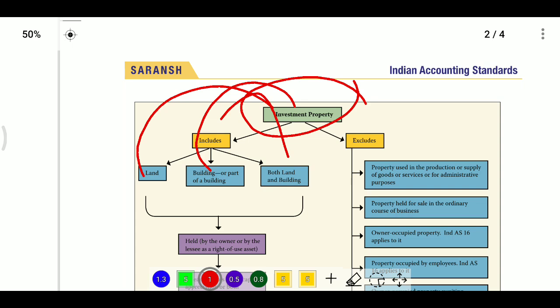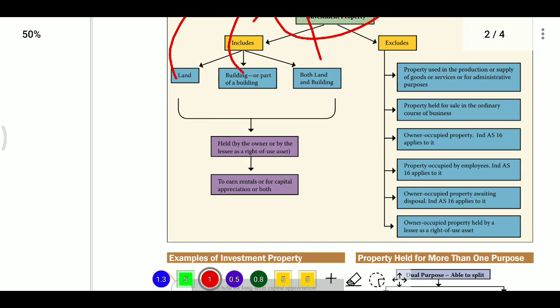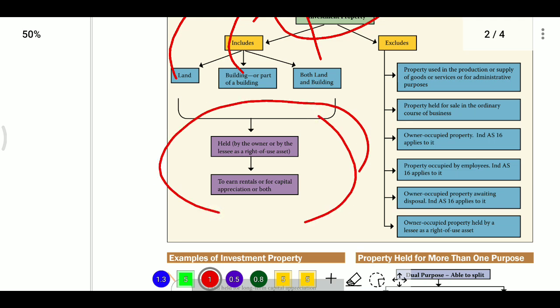We hold these buildings or this land for the purpose of rent to others, that is operating lease, or for capital appreciation, or we are not able to determine the use, then it will become investment property.